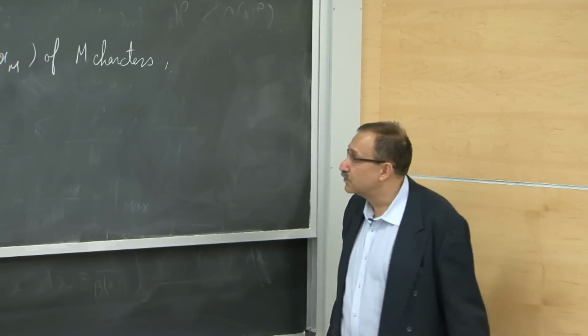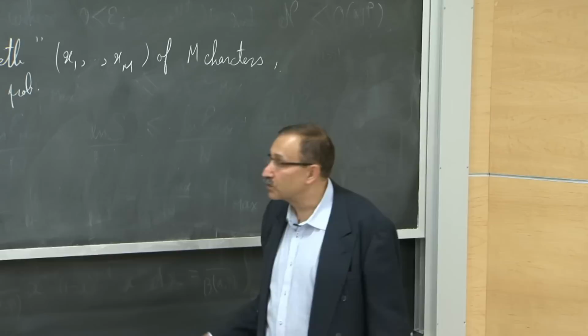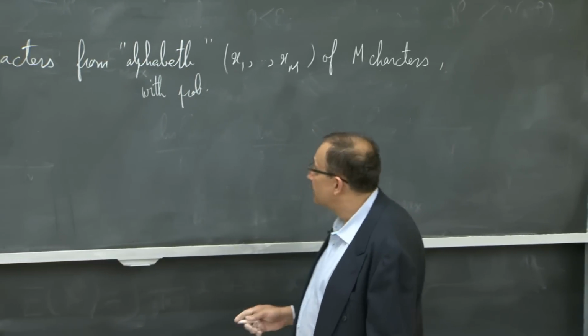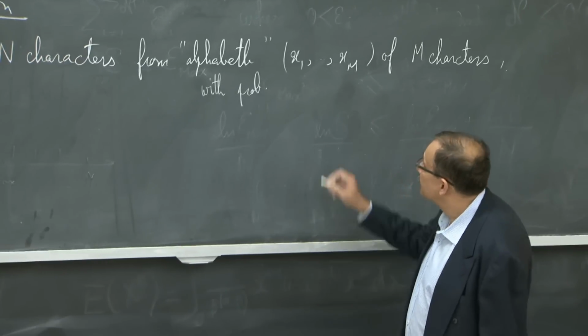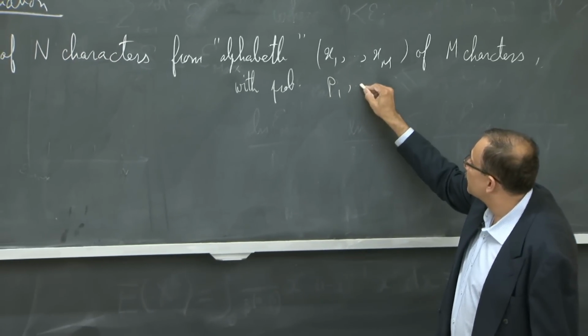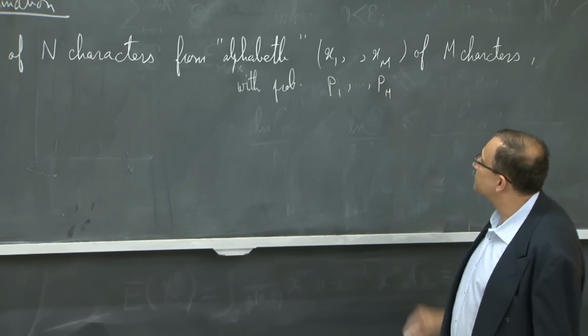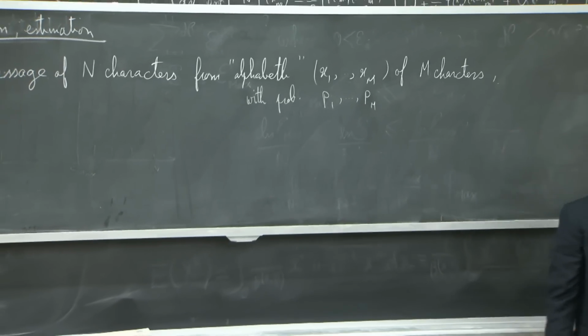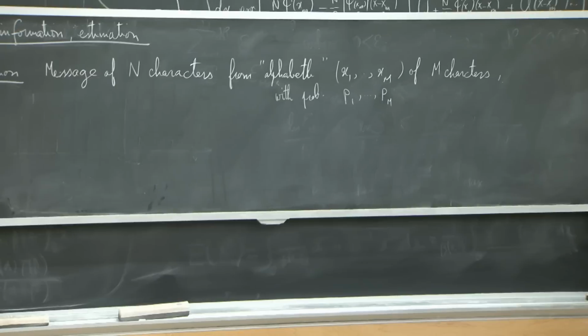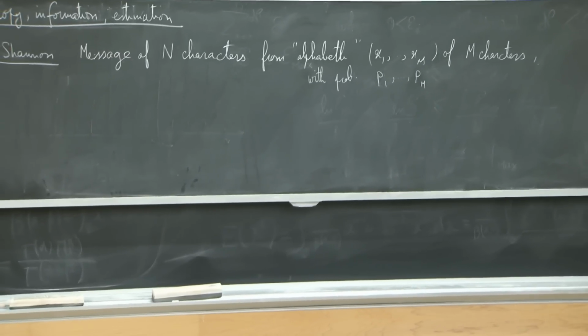So S and T you are going to encounter much more frequently than, say, Z or X. So let's say that the frequencies with which you expect these characters to occur are things like p1 through pm. Okay?